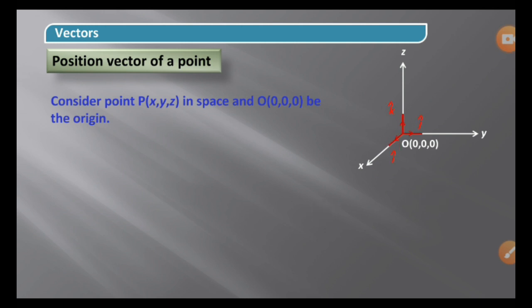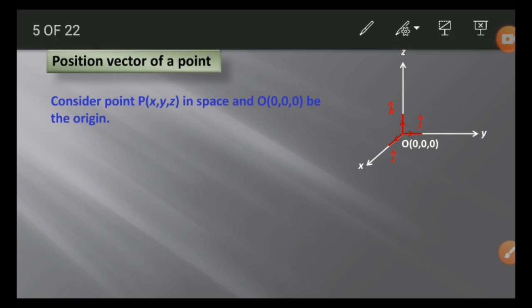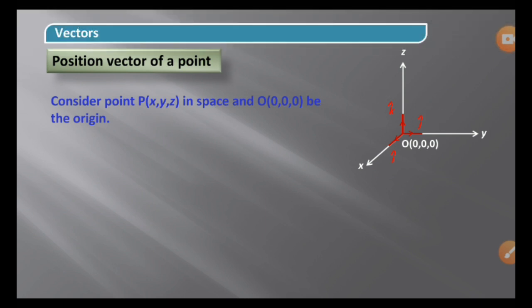Now here we will take i cap as the unit vector along x axis, j cap along y axis, and k cap along z axis. Now consider the point P in the space which has the coordinates x, y, z.